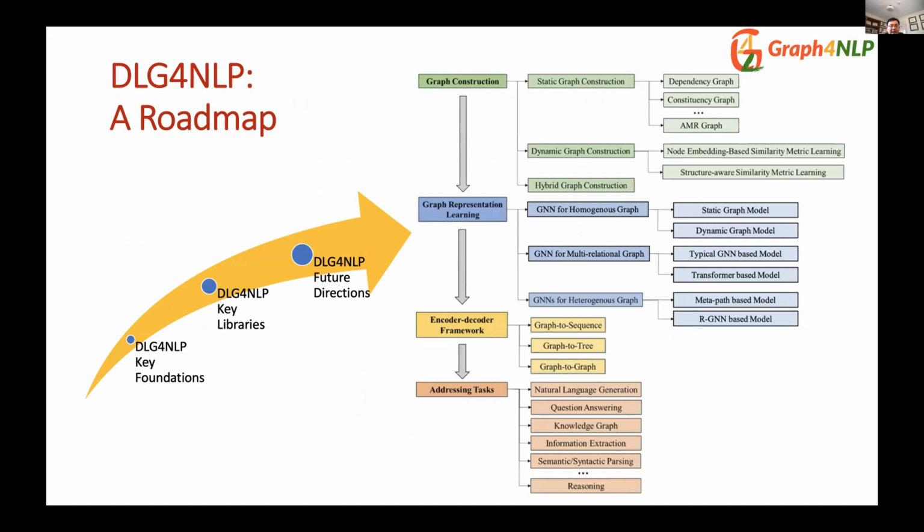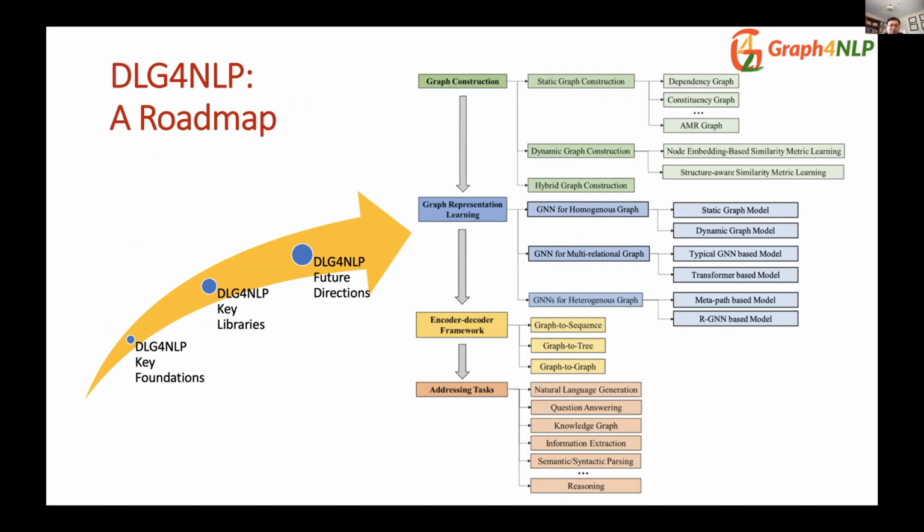Okay, so now I finish this basic introduction about DLG4NLP. In the following parts, we will talk about the key foundations of DLG4NLP, where we'll cover graph construction methods, graph reinforcement learning methods, and the graph-based encoder-decoder framework.